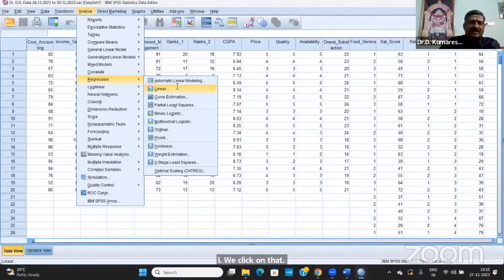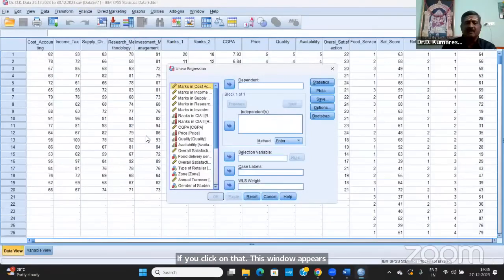A drop down menu appears. In that we find regression. If we click on regression, another sub-menu appears. In that we find a number of items, but the second one is linear. We take linear regression. If we click on that, this window appears.